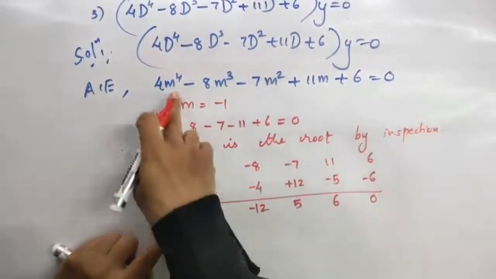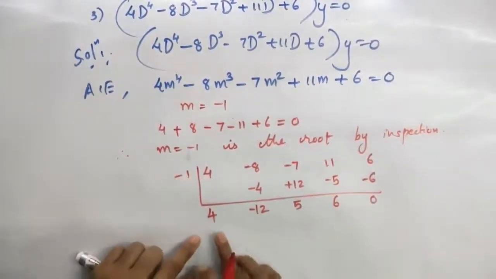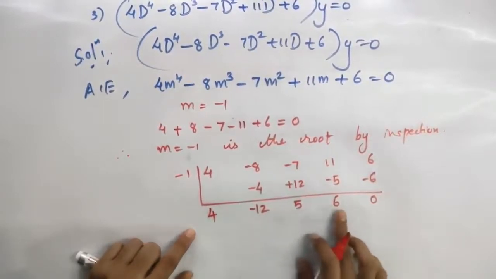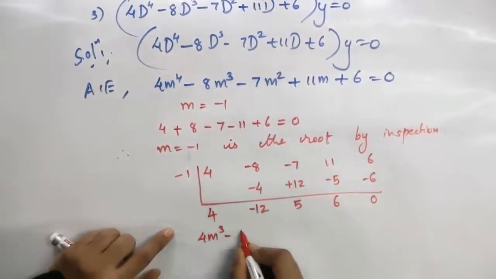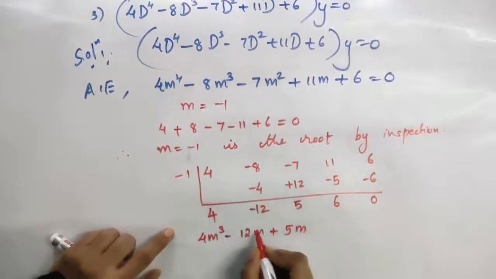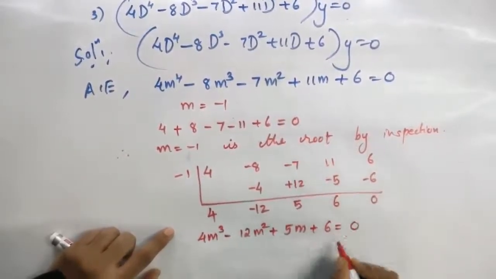Since the previous equation was of degree 4, now after dividing with one of the roots, the new equation will be of degree 3. This should be the coefficient of m^3, m^2, m and a constant. So you have 4m^3 - 12m^2 + 5m + 6 is equal to 0.